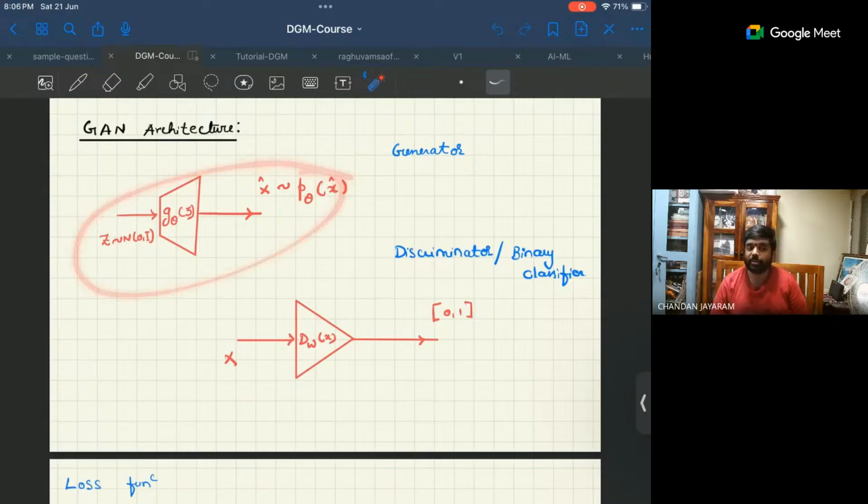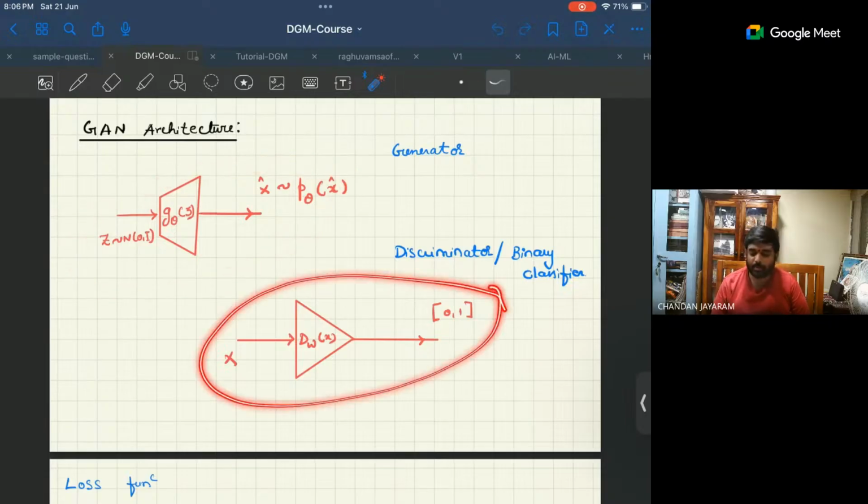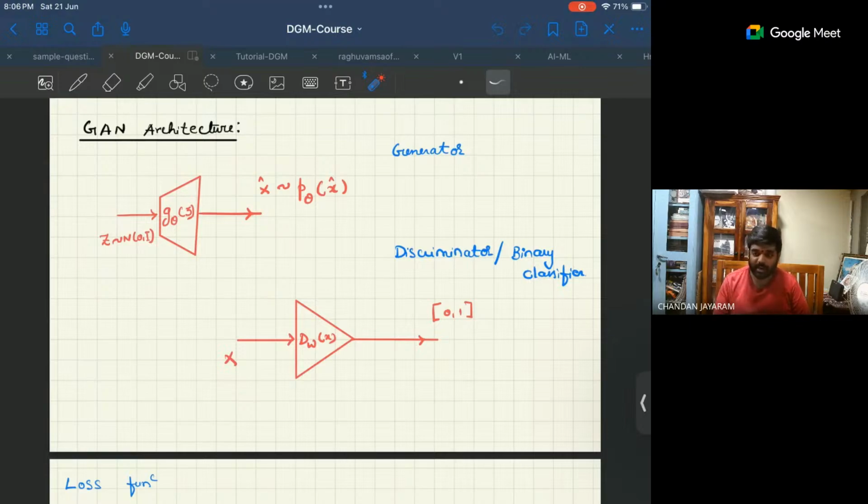One is our generator, the other is the discriminator, or in terms of classifier guidance, the binary classifier that we use. The idea is we sample from a normal distribution, and the neural network converts this into x hat. This x hat is from a distribution p theta, wherein p theta and the data distribution px are close by. This is the idea of the generator.